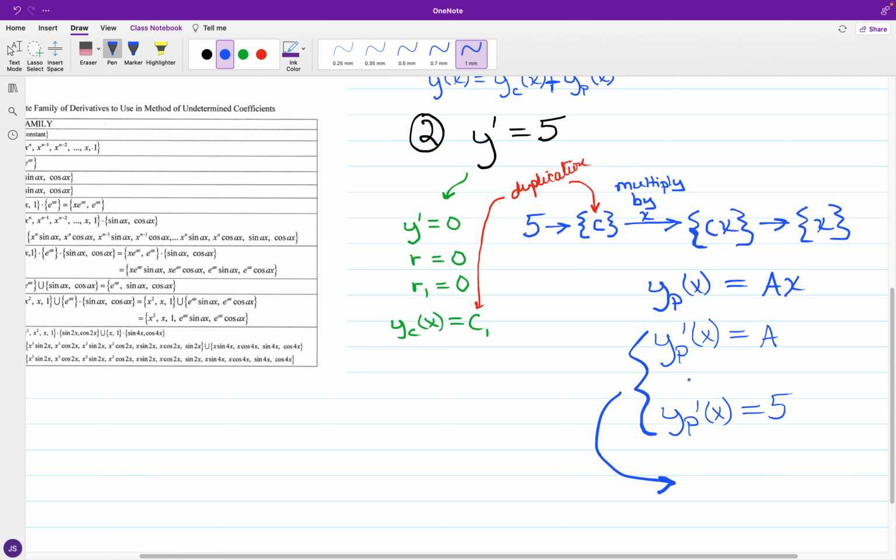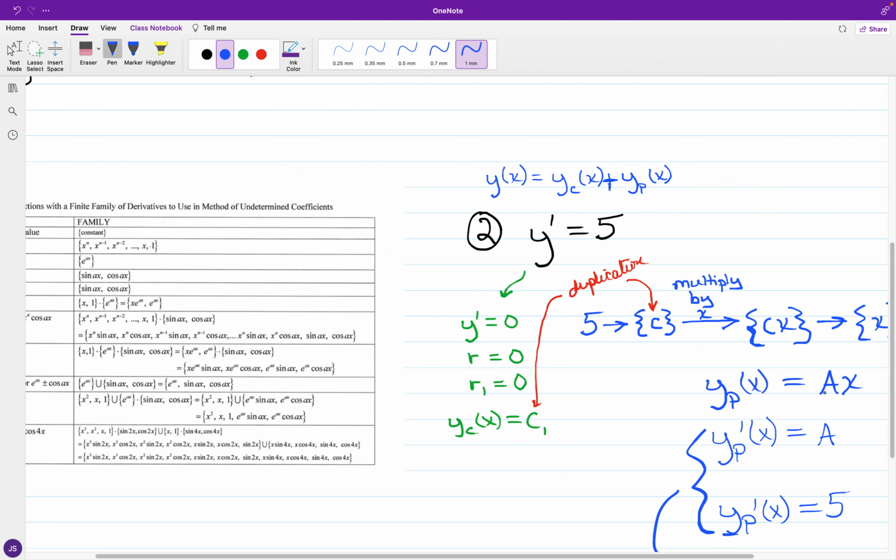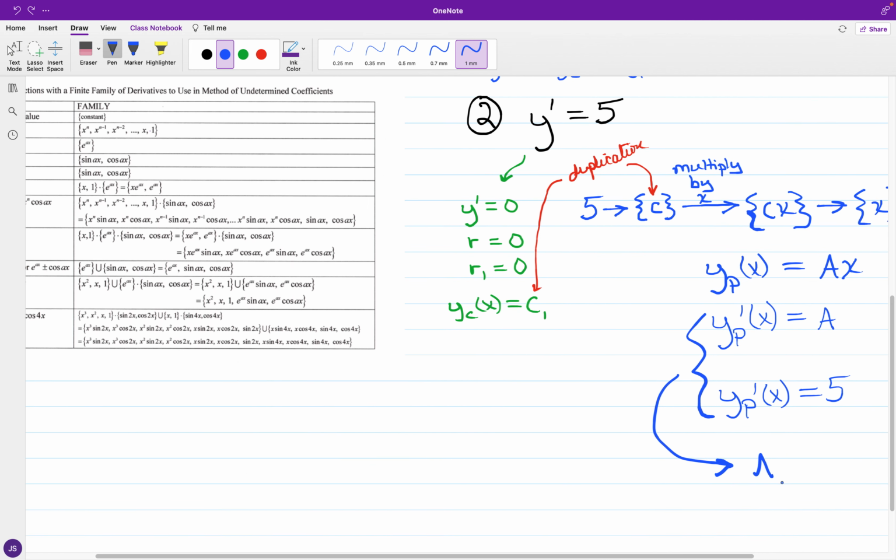And guess what? I'm going to have that a is equal to 5.